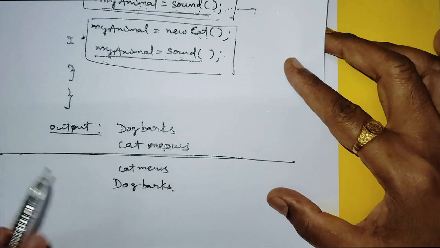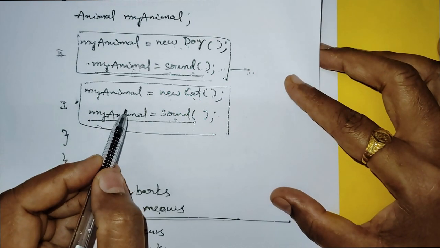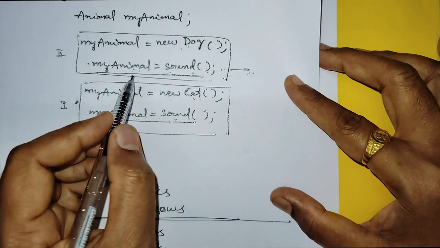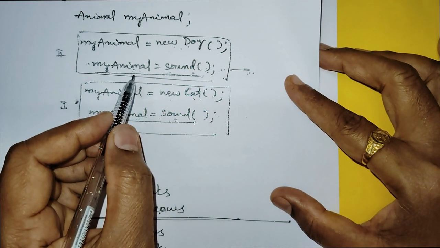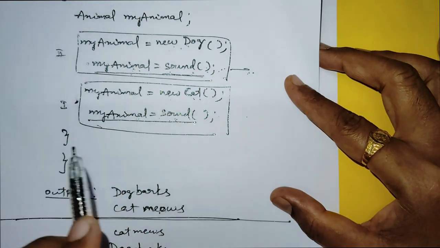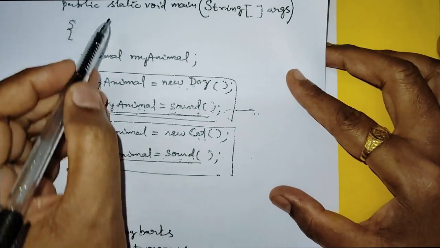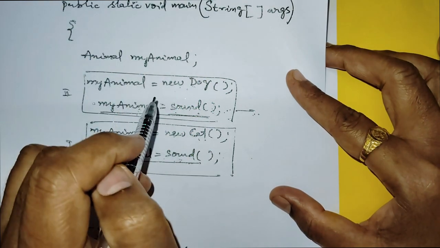Because we created the object of the cat first, it is printed first. If we create the object of dog first, the dog will be printed first. One more thing: these objects were created under which method? The main method.